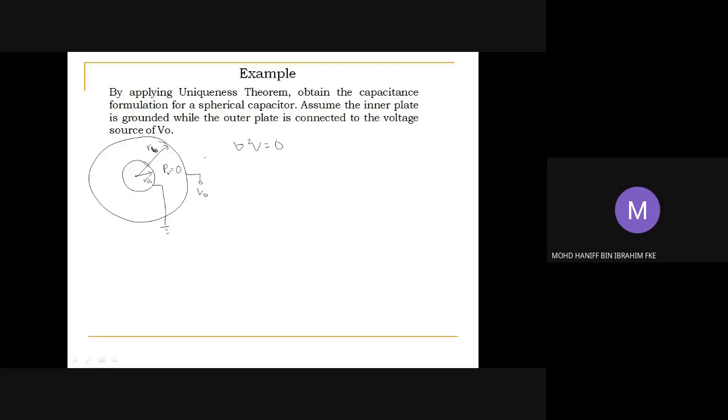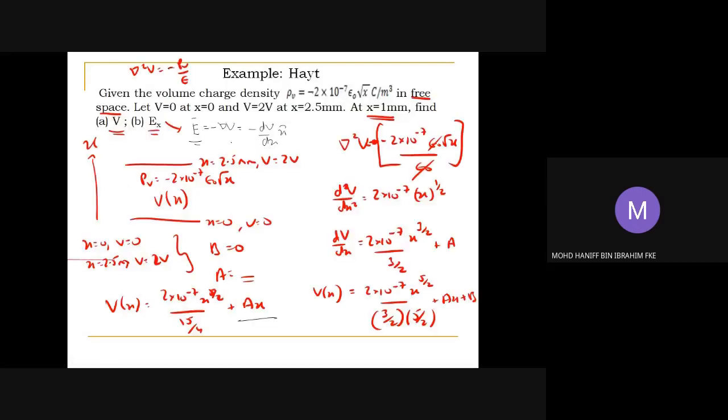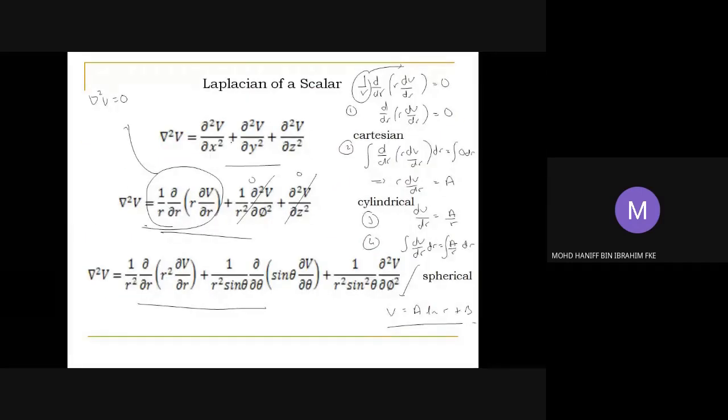For the spherical capacitor, this should be based on the coordinate system. If we base it on the formulation of spherical coordinates for the Laplacian of V, we know that the potential V will vary in the R direction. So we can cancel out the theta changes, and we also cancel the phi changes of the potential.